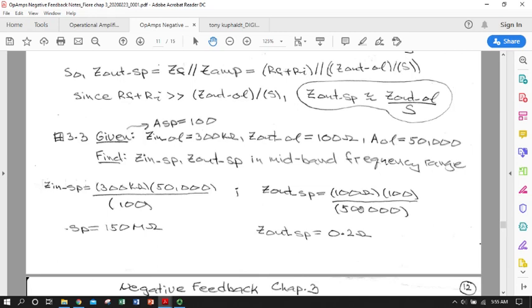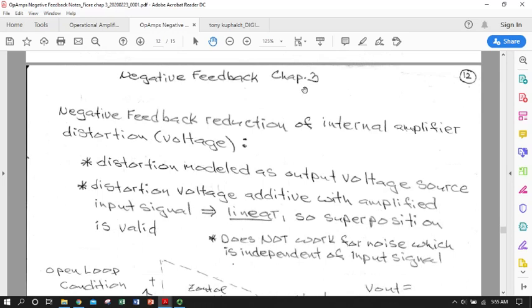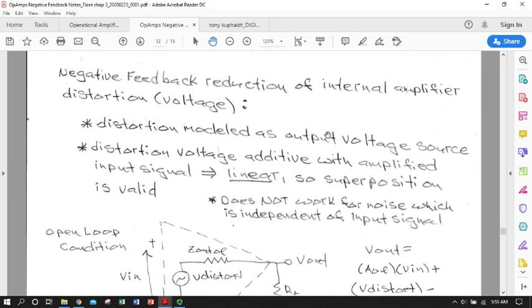You're probably going to be limited by something else. But if you're in the midband or close to it, a decade or two on the high side, these equations should hold. And we'll say a few words about their limitations at the end. And then I believe Chapter 5 in Fiori, just glancing ahead, we'll go through more of the limitations on these assumptions. Okay, that aside, we've got one more benefit to discuss.